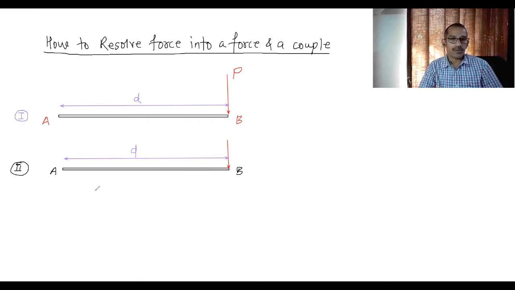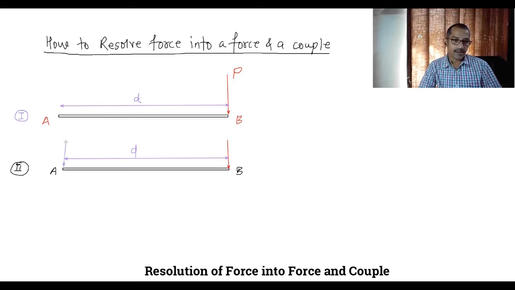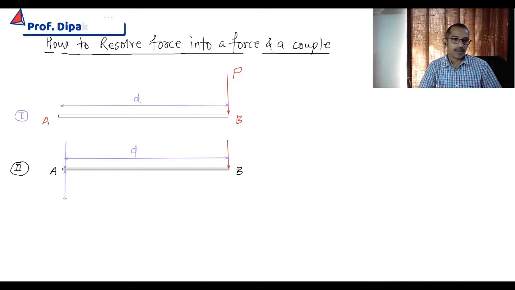But now, to resolve this force into a force and couple, I will add forces here. I will add one force in the downward direction and one force in the upward direction, having the same magnitude as the force P. That means the magnitude of this force is P, and this one is also P, and the actual force that is initially acting is also a force P, right?